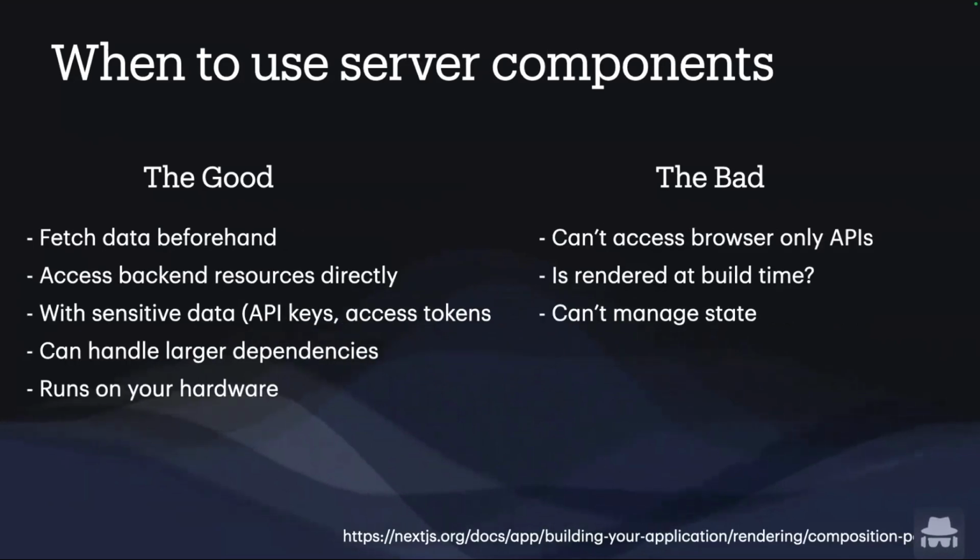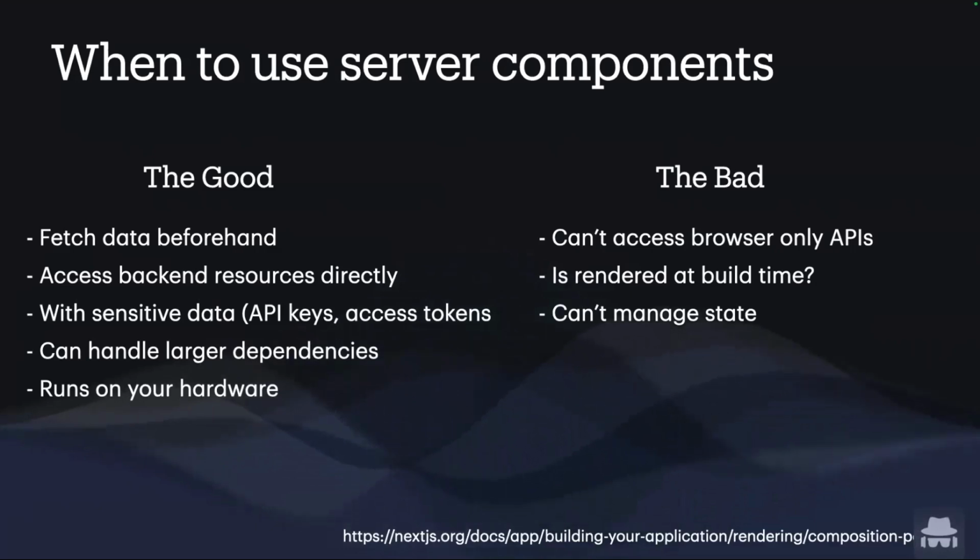When to use server components. They're good when you want to fetch data beforehand, have it all there and ready, and access backend resources directly. With sensitive data, the API keys and access tokens are going to stay on your server.